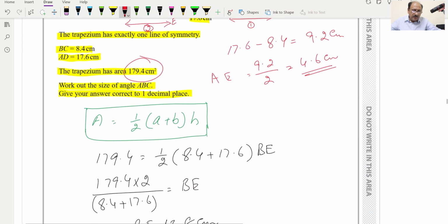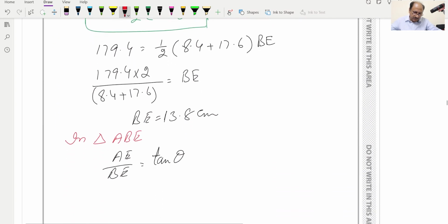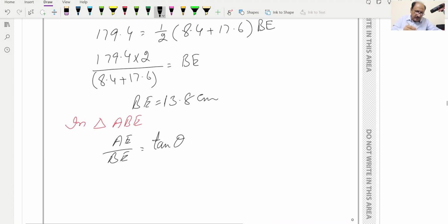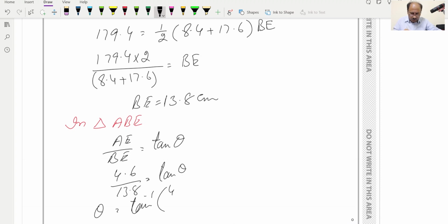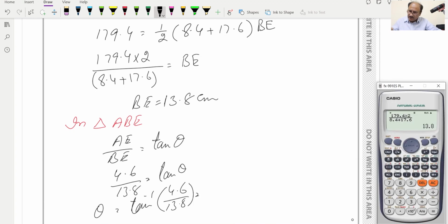So theta will be equal to tan inverse of 4.6 over 13.8, which is equal to shift tan.